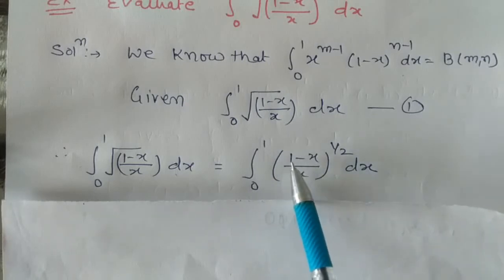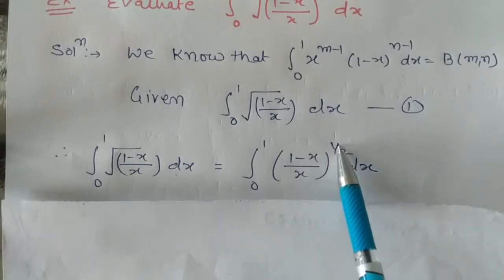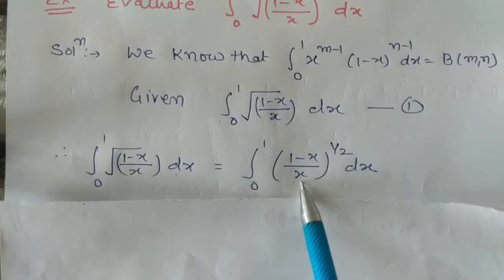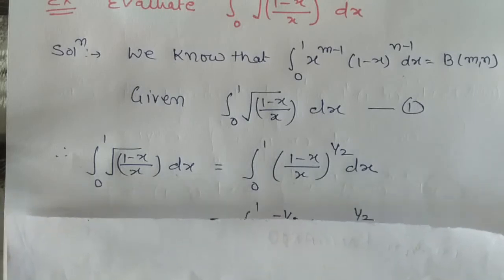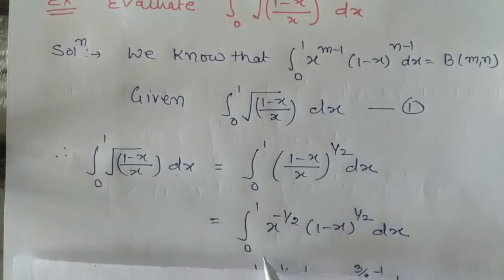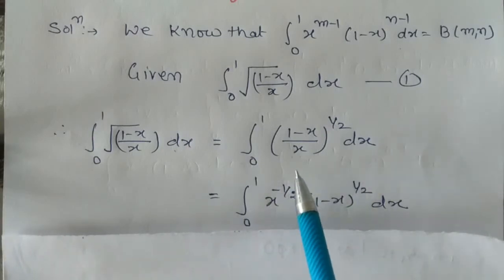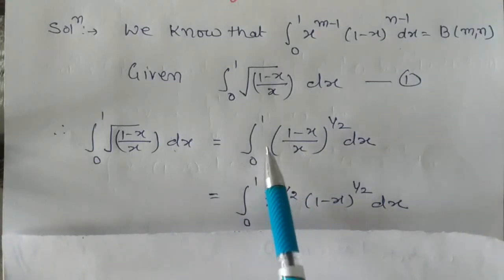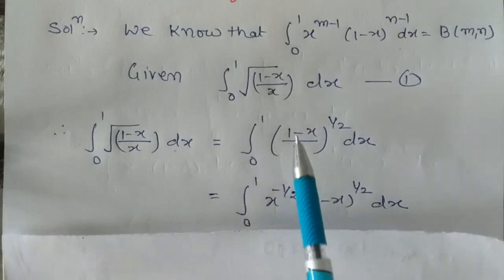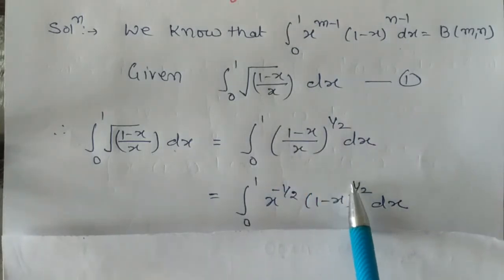Now this is (1 minus x)^(1/2) upon x^(1/2), and the denominator x^(1/2) goes in the numerator and becomes the integral from 0 to 1 of x^(-1/2) into (1 minus x)^(1/2) dx.